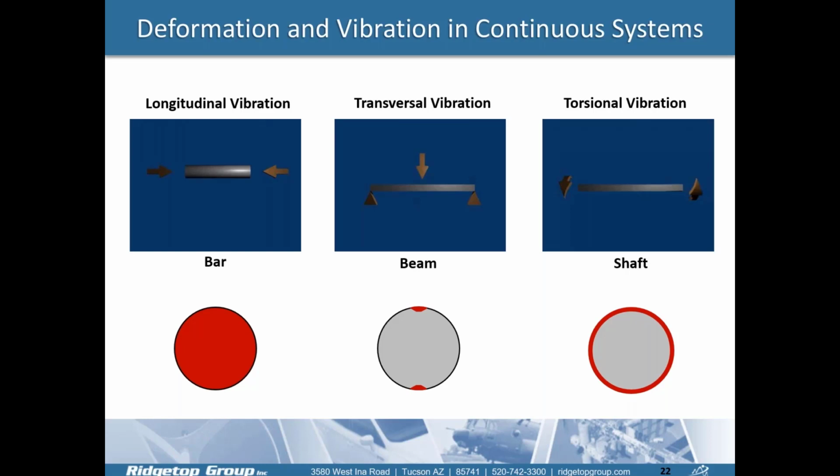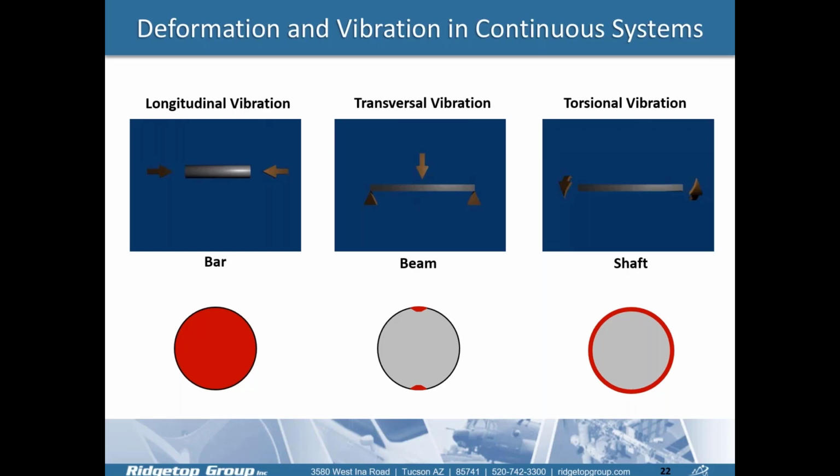As you can see, there are 3 groups here, 3 pictures. Based on the direction of the force applied on the system, we can have longitudinal, transversal, and torsional vibration. It's just a matter of the direction of the force, not the shape of the part or the form of the cross section.